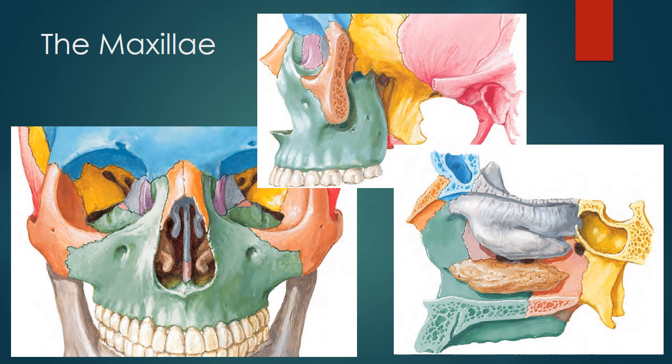This is a picture of the maxilla in different views, in different aspects, showing the four surfaces and the four processes of the maxilla. The four surfaces of the maxilla are the following: the anterior or the facial surface, the orbital surface, the posterior or the infratemporal surface, and the nasal surface.